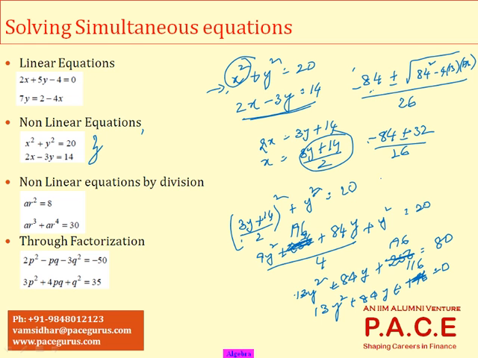Now minus 84 minus 32 by 26 is one of the roots, which is nothing but minus 116 by 26, or it becomes minus 52 by 26. So minus 52 by 26 is minus 2, whereas minus 116 by 26.